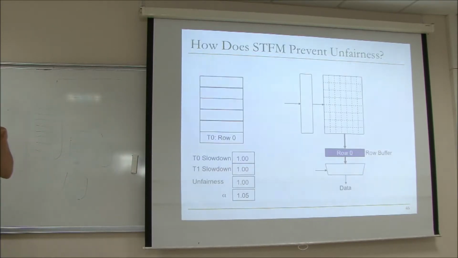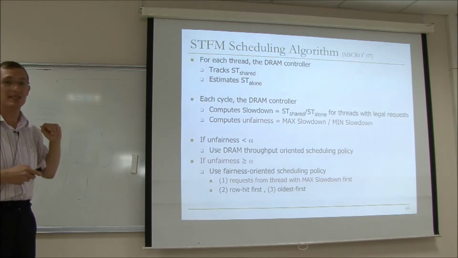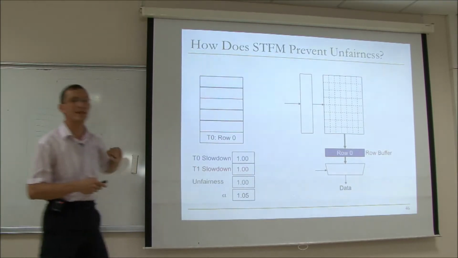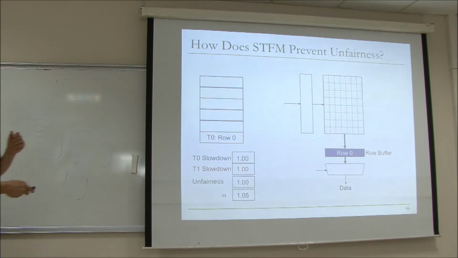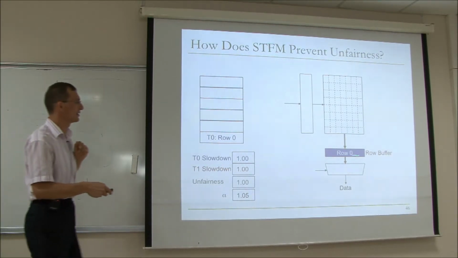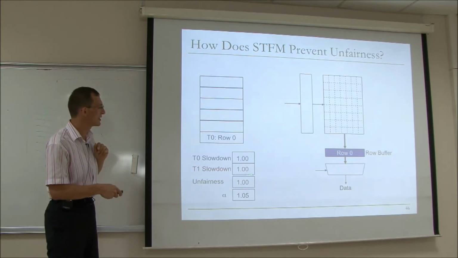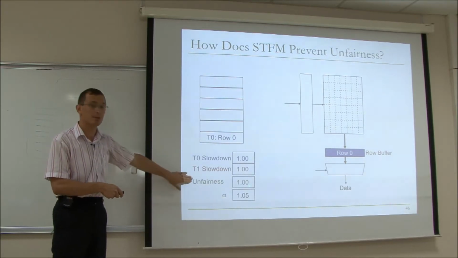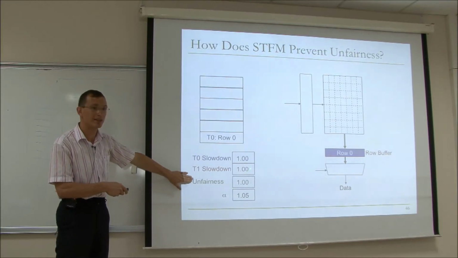Okay, so how does this scheduling policy, assuming that this is implemented somehow, prevent unfairness? This is the same picture. We have thread 0 and thread 1 here again. Remember, thread 0 is the blue thread, thread 1 is the red thread. And this is the unfairness value the memory controller keeps track of. Initially, these are 1. And unfairness is 1.